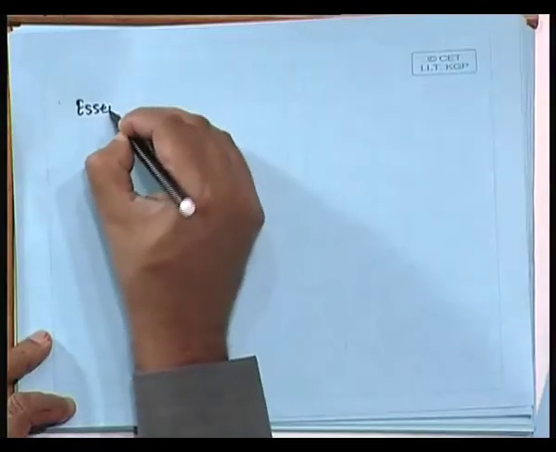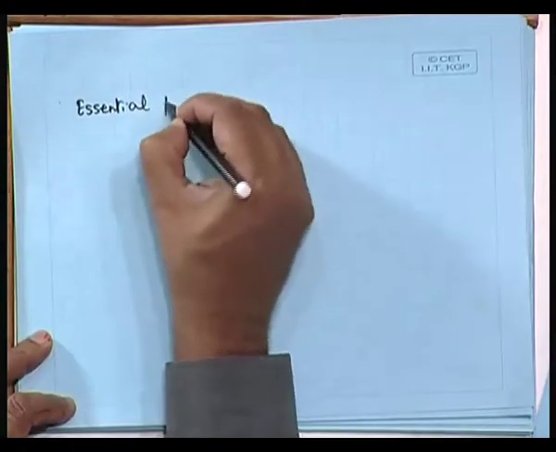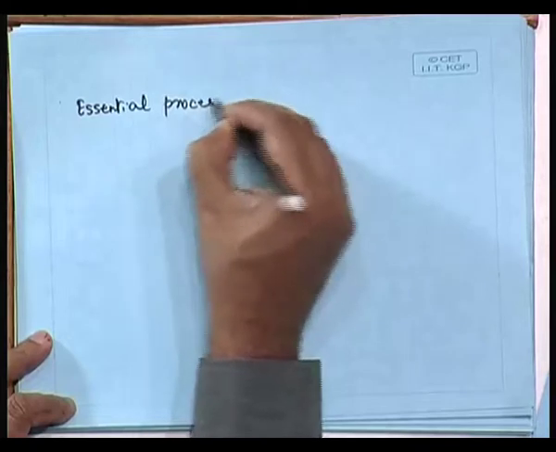But there are some essential processes that one has to fulfill for the self-organizing maps. So, we can talk about some of the essential processes in the formation of self-organizing map.